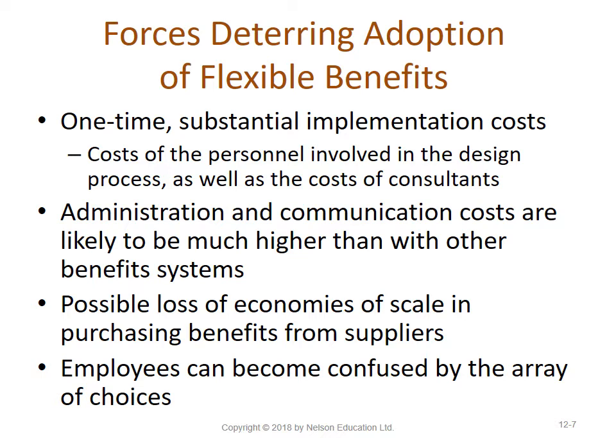What happens is, if an employee opts out of the plan, then we lose the economies of scale. To benefit from economies of scale, you need people in the plan in order to keep the costs down. So this point is saying that you might lose economies of scale in purchasing some of the benefits.